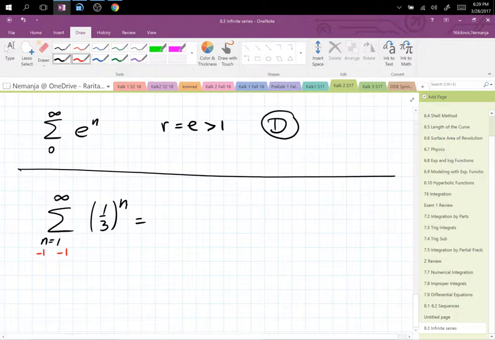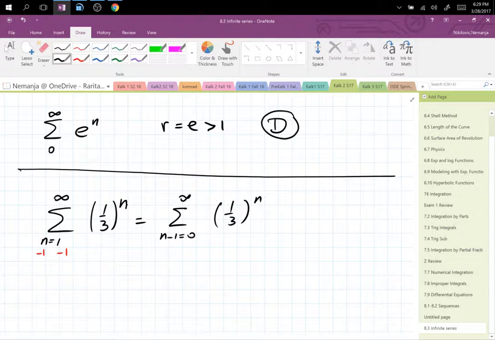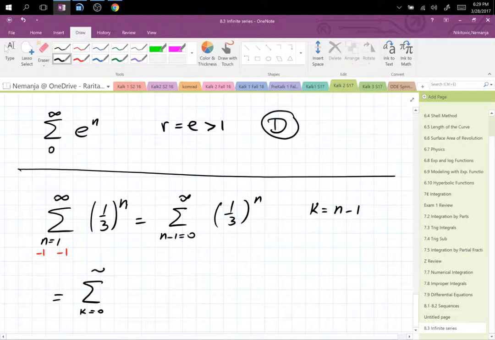My next step here is summation of n minus 1 equal to 0 to infinity of 1/3 to the n. Now we're all happy with that because the summation does start at 0, but look, we have n minus 1. Convenient substitution: k equals n minus 1, to make that now into k goes from 0 to infinity.